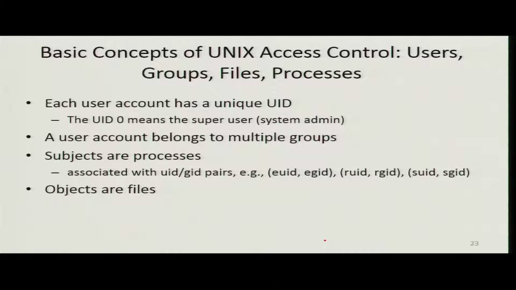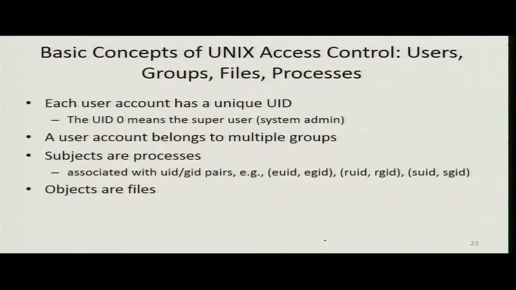Normally in Unix, each user ID has a unique UID, and UID 0 usually means superuser or system administrator or the root. Normally a regular user or a system administrative user belongs to multiple groups, and these groups might decide what kind of rights you have as a group member.